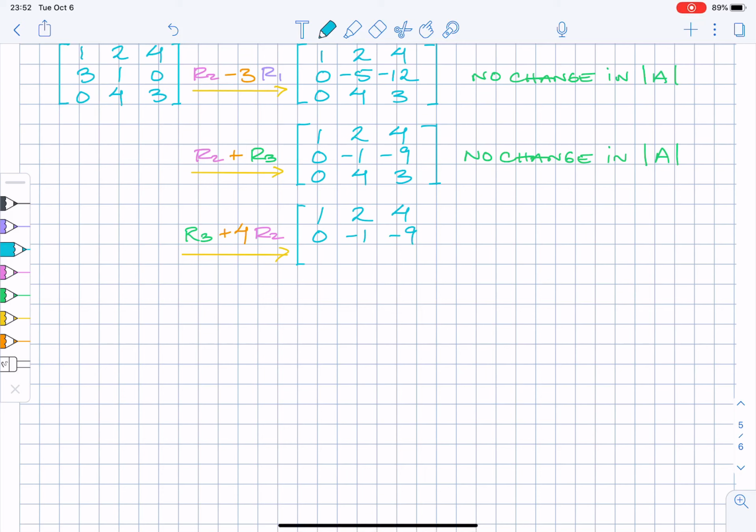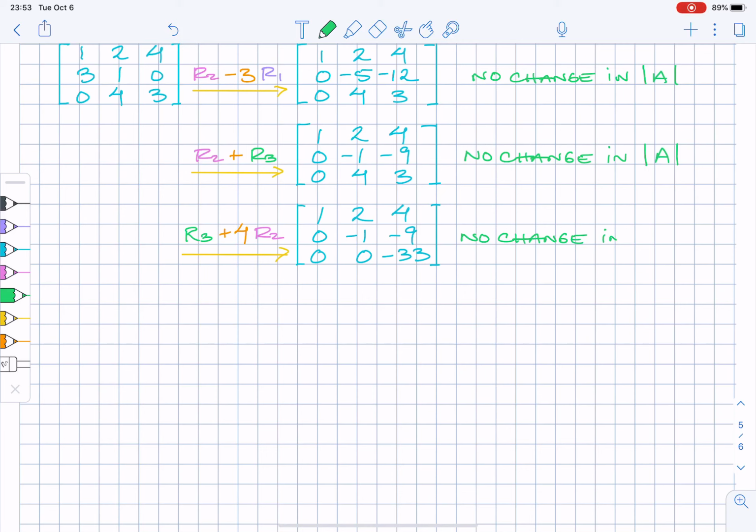So 0 plus 4 times 0 is 0. 4 plus 4 times negative 1 is 0. And 3 plus 4 times negative 9 is going to be negative 33. Okay, so this is also no change.